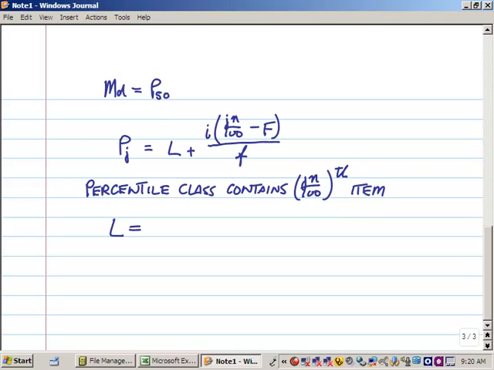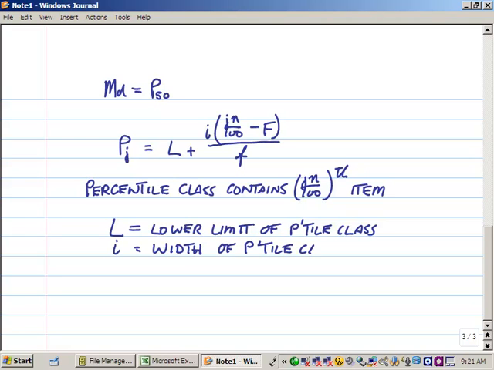Alright, so L now, instead of being the lower limit of the median class, is the lower limit of the percentile class. I is the width of the percentile class. J we know is the percentile that we're looking for. N is the sample size.